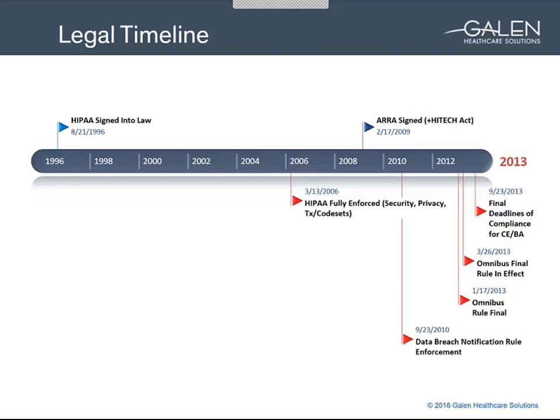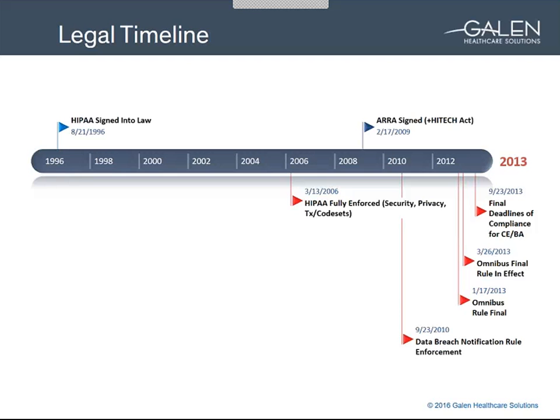The elements of the timeline are actually less important than their proximity to each other. You'll notice that it's been nearly 20 years now. It's a little hard to believe since HIPAA was signed into law under the Clinton administration. It was a long time between that and the next activity that happened.